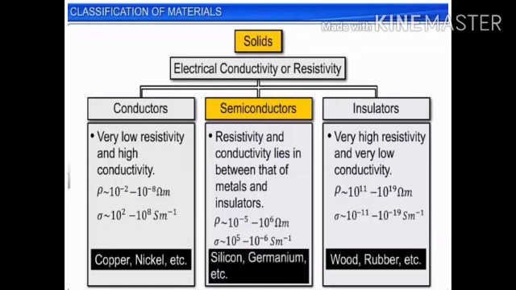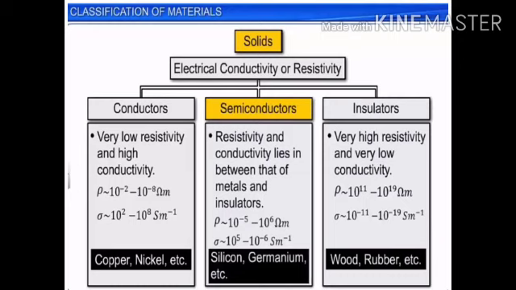Now insulators. Insulators do not conduct electricity, which implies that their resistivity is very high. Resistivity is very high means the conductivity is very low. Here you can see that rho is 10 to the power of 11 to 10 to the power of 19 ohm meter.